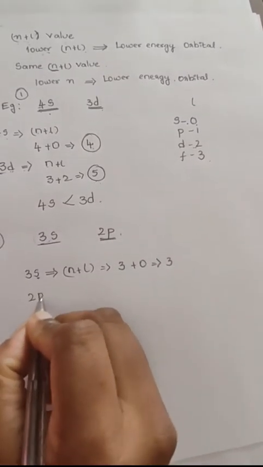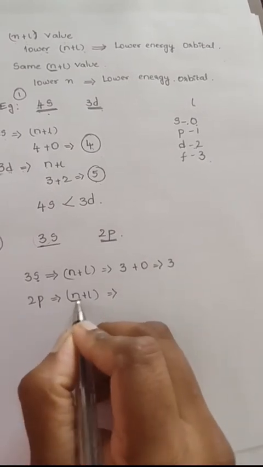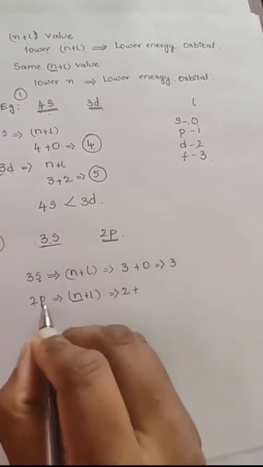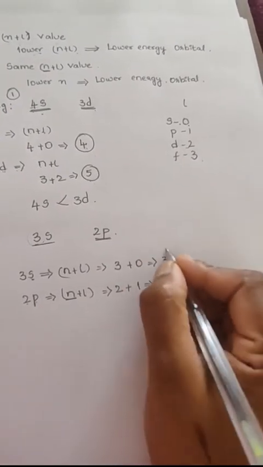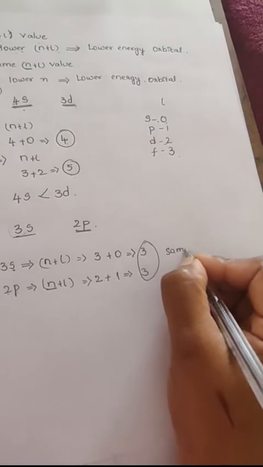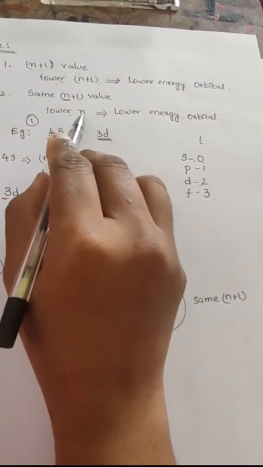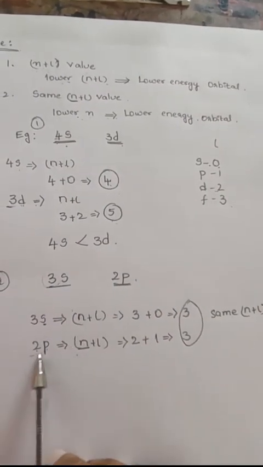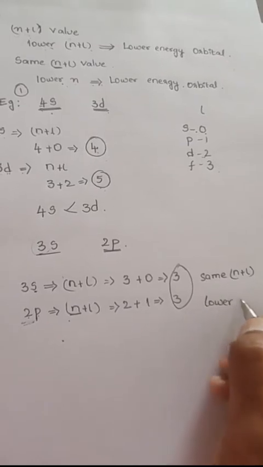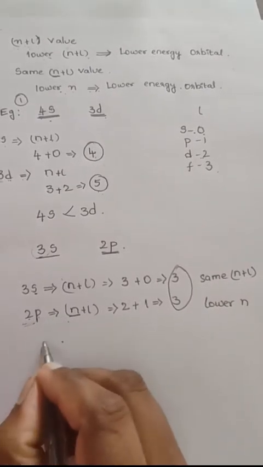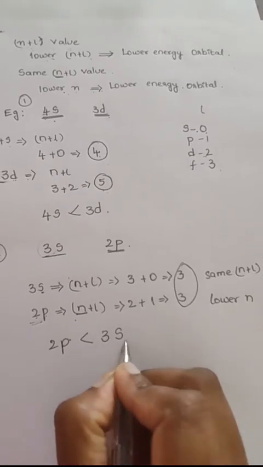For 2p orbital, the principal quantum number n is 2 plus azimuthal quantum number l is 1. So we have the same n plus l value. So we have to consider the lower n value. The lower n is 2p. So 2p will have less energy when compared to 3s orbital.